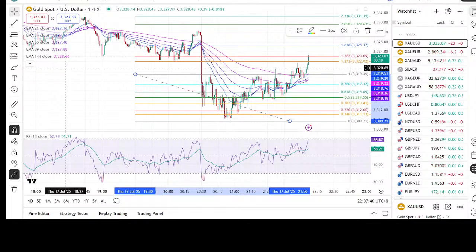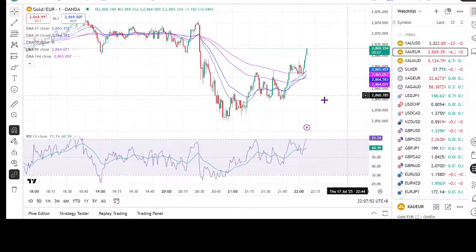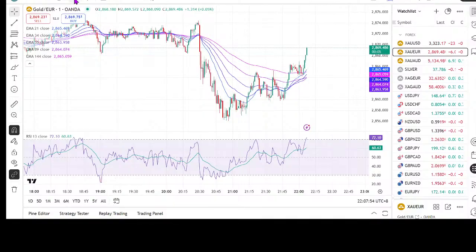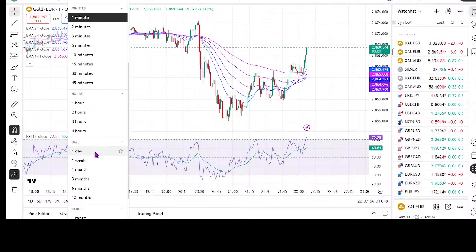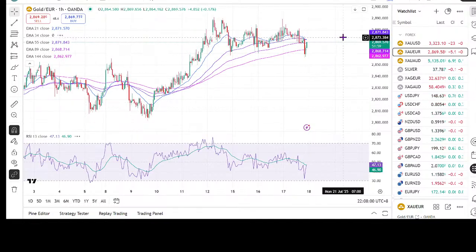Now let's see what I wanted to say, the gold euro. Let's look at what the next level is, or how we can trade this. We should not be seeing the price going above 74.